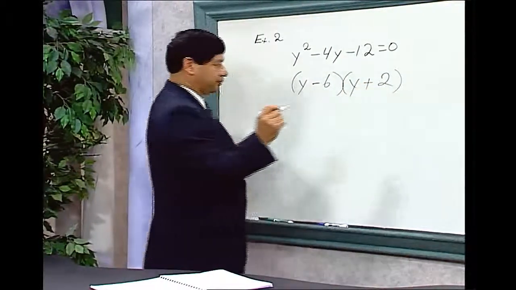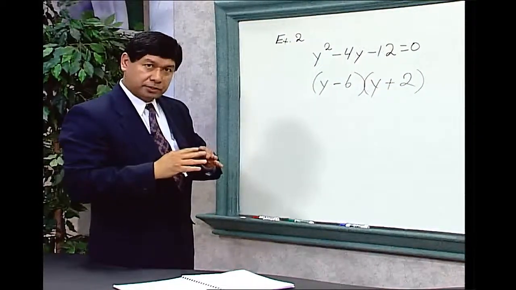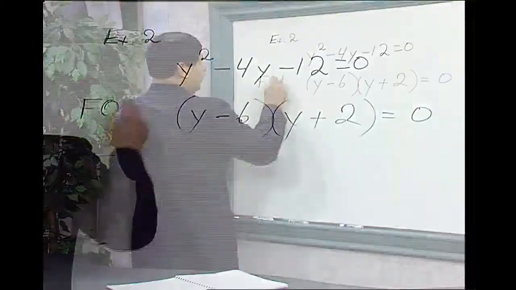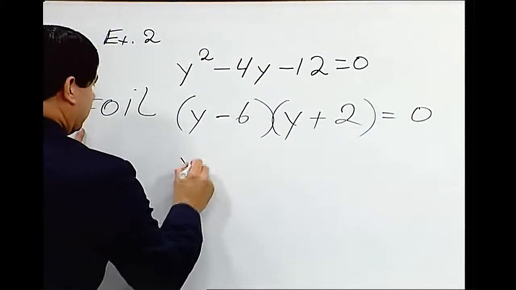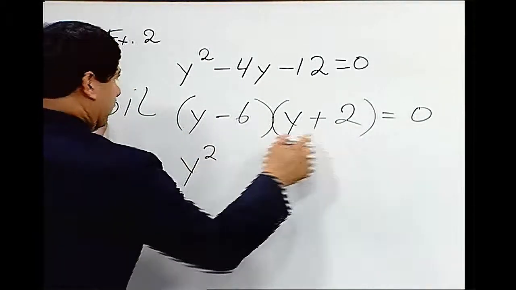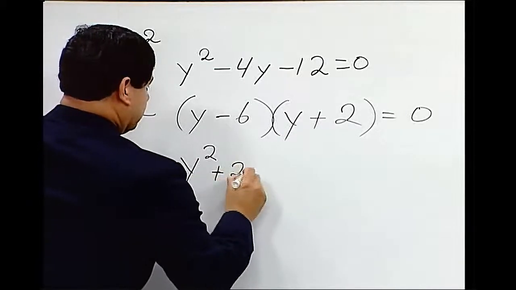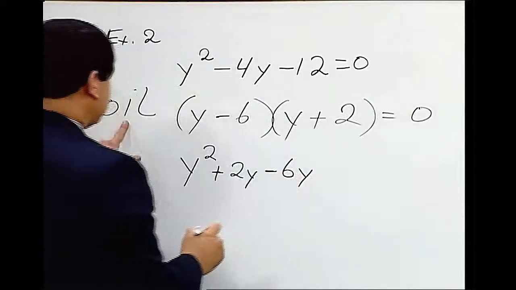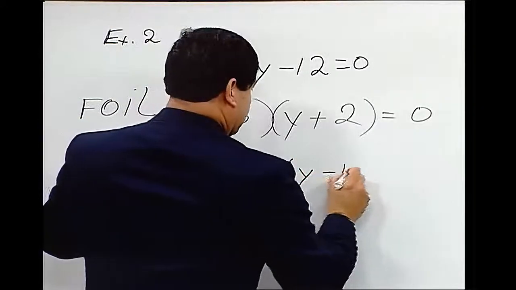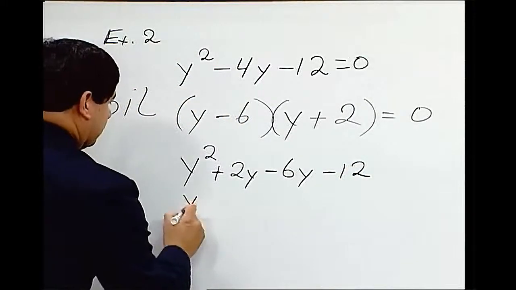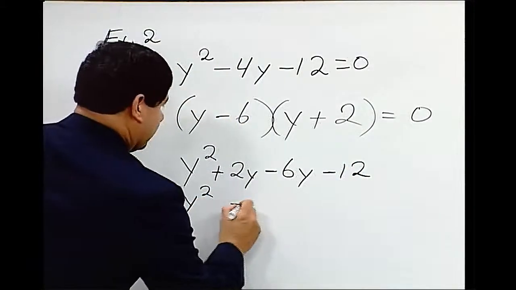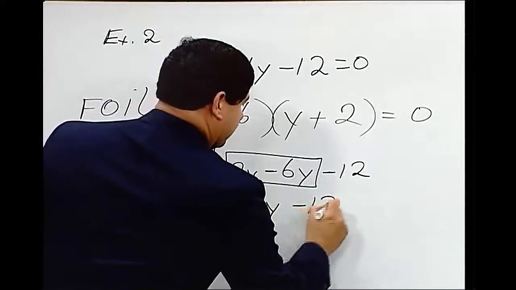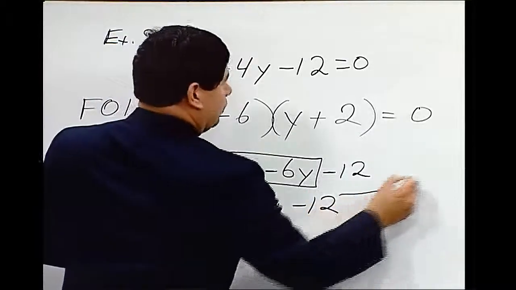6 and 2. Let's use our FOIL method to see if we're correct. FOIL: first term, y squared, our outer term, 2y, our inner term, minus 6y, and our last term, minus 12. y squared, negative 4y when I combine, minus 12, and we can see we check.